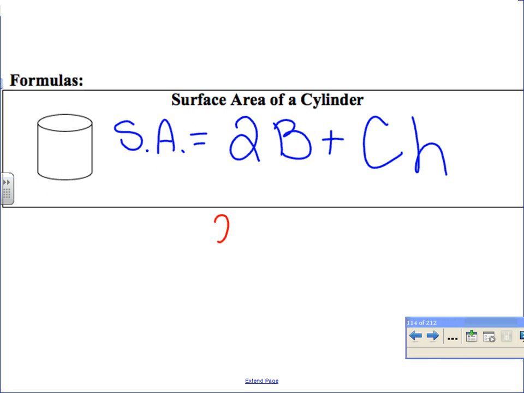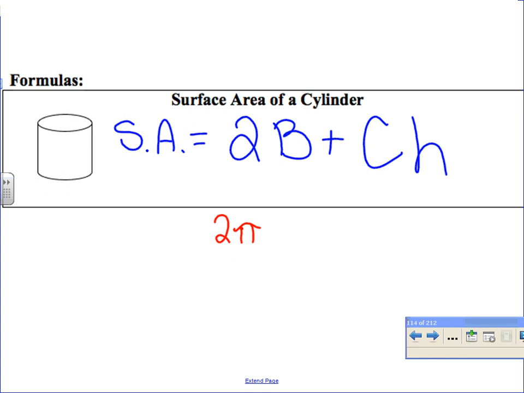So just underneath this, I want to write down one other thing here. How do you find area of a circle? So it's 2 times B, which is area of the base. Abigail? Close. Close. Amberly? Nope. Wait, Greta? Nope, that's what Amberly said.